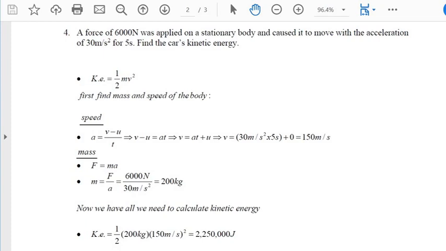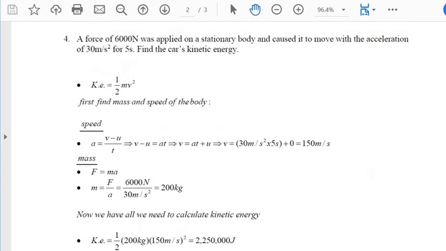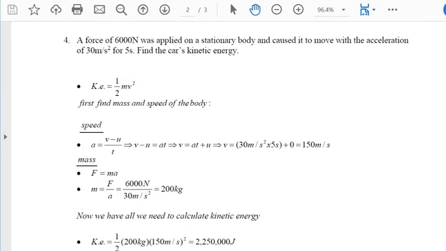What has happened in this question is that you have been given acceleration, and from that acceleration you should now be able to deduce your velocity. Also, you are given a force and not a mass.